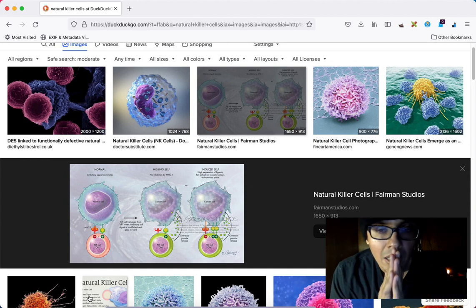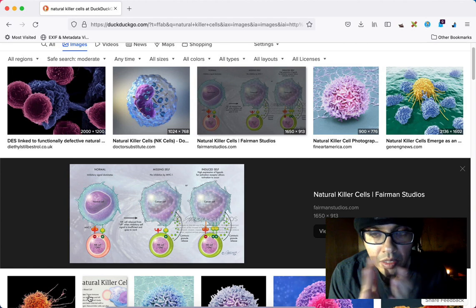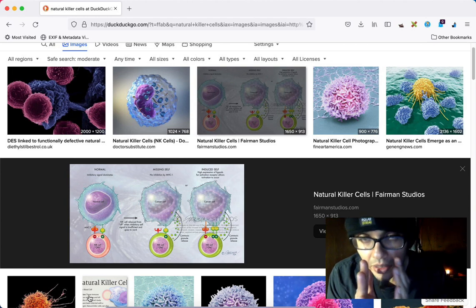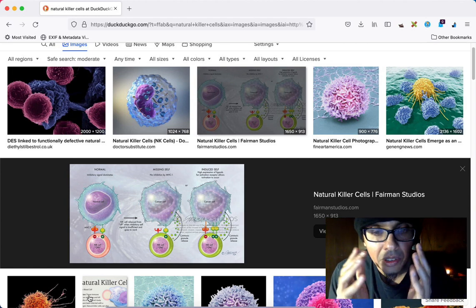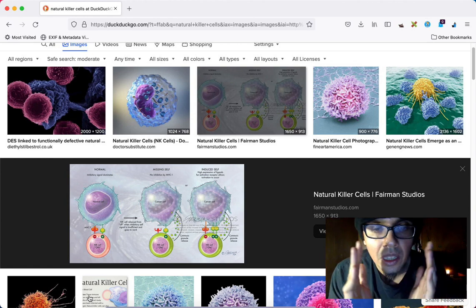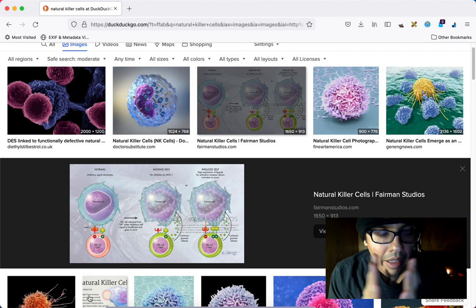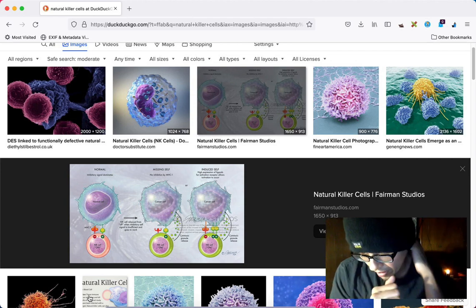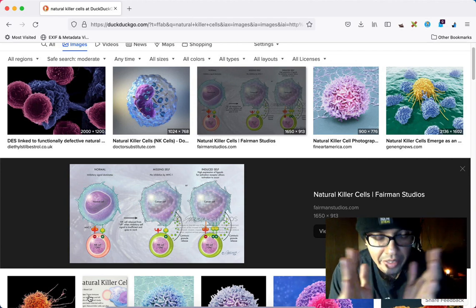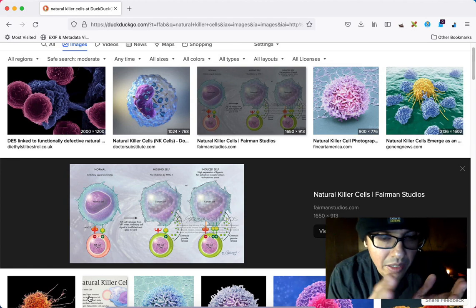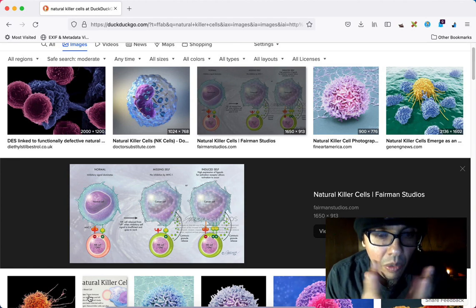Pathogens don't have major histocompatibility complexes. It's a molecule complex for the membranes of human cells. So what if the natural killer cell doesn't detect those? The T cells can't detect those either.